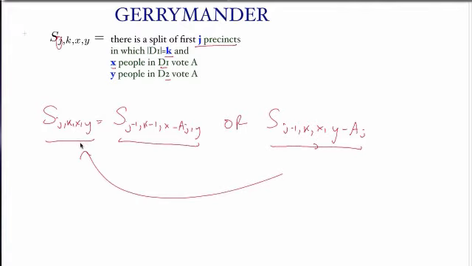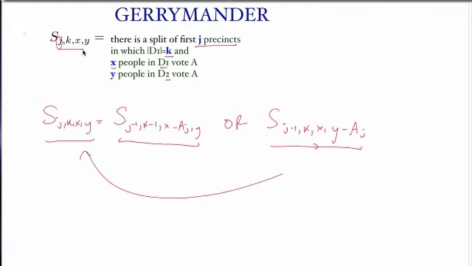This is going to be true if there was a way to assign j minus 1 precincts such that D1 had k minus 1 of them, and then you assign that jth precinct, AJ, you assign it to D1, which makes this j minus 1 go to k, and makes this x minus AJ people who previously voted for party A and D1, now x minus AJ plus AJ, so you get x people voting for A and D1. And before you had y people voting for A and D2, and that doesn't change. So this is one way for this variable to be true.